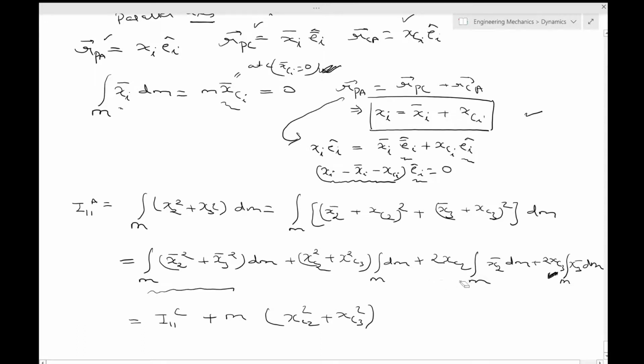Sorry, not this one. Okay, so this is m, this integration is done, so this is sorted out. So you have to think of what this particular term should be.